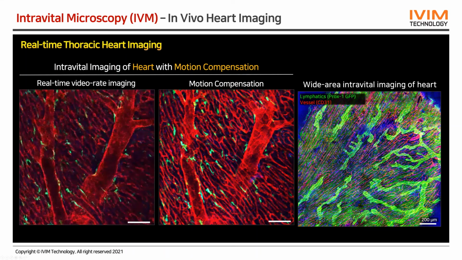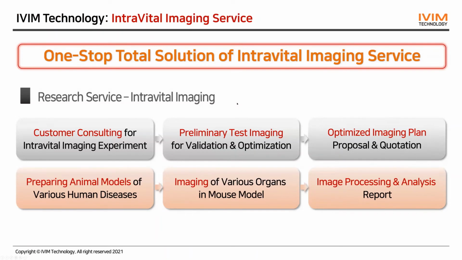So this was just some of the examples of what you can do by using the IntraVital Microscopy system. And we also provide the IntraVital imaging service for you as well. So this is the procedure basically. We provide consulting for the imaging experimental project, and then do the preliminary test for whether this imaging experiment is possible or not.